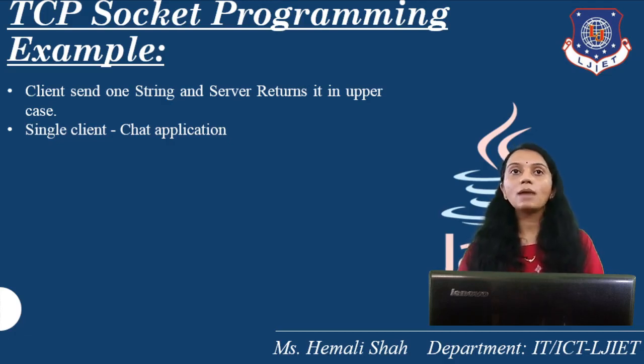Here one client program sends one string to the server program, and the server program returns the same string in uppercase letters. So first of all you have to find out what is the task of the server and what data you want to send inside the network.